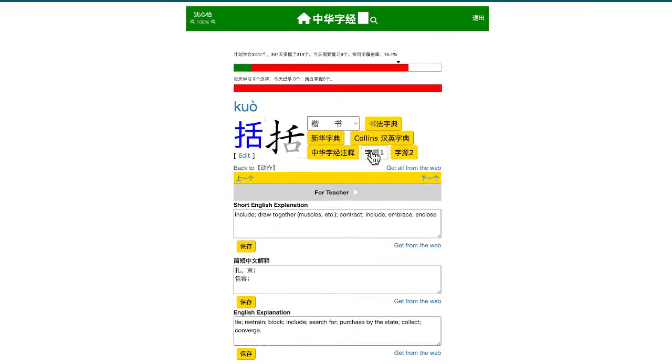Let's take a look at the character. The one on the right hand side is that character. You see the original character is different from the one we use right now.